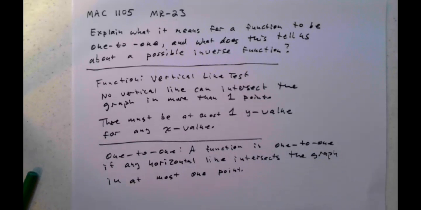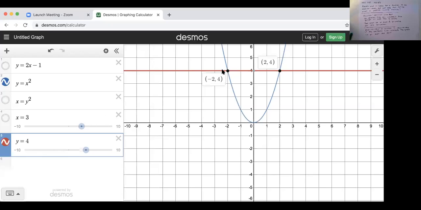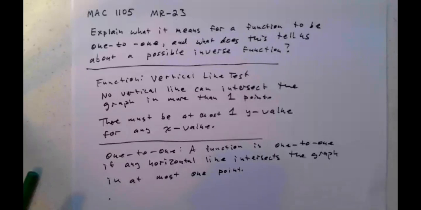So essentially what this is saying, if we go back and look at our graph, this is not one-to-one. The same y value has two different x values. So to be one-to-one, any given y value has to have at most one x value.